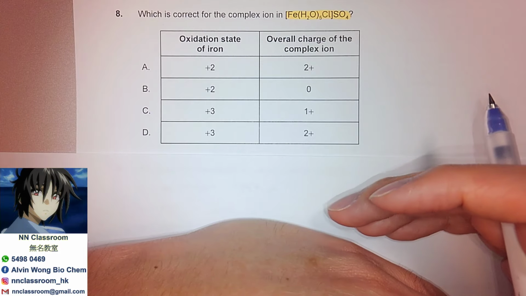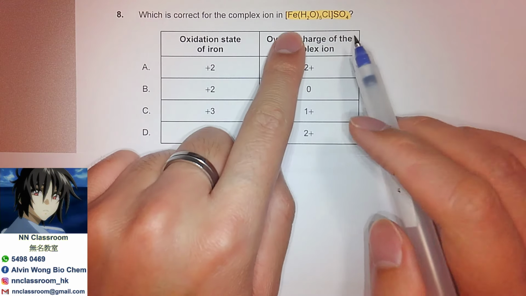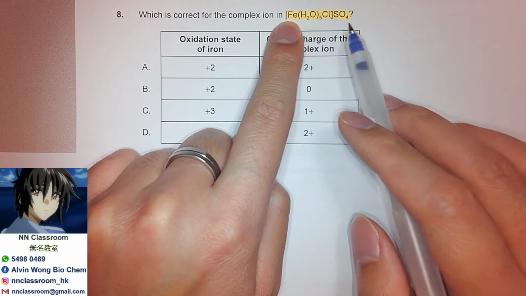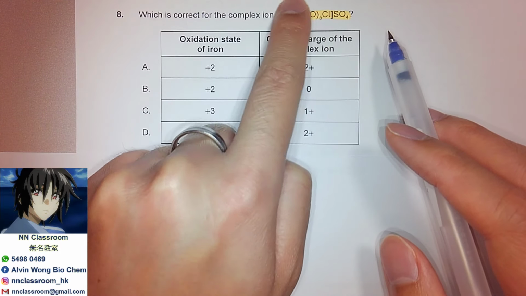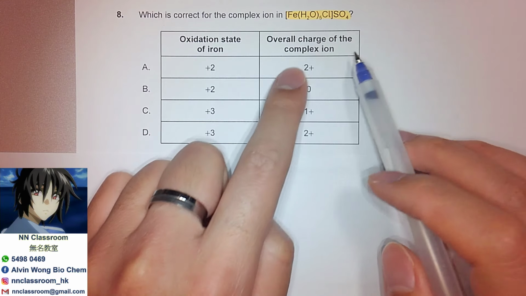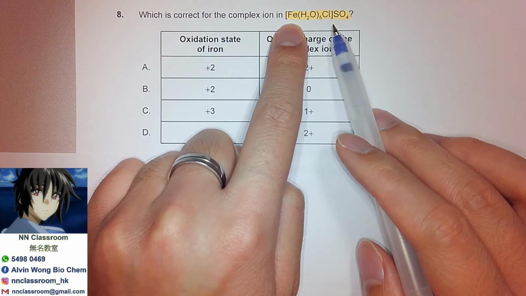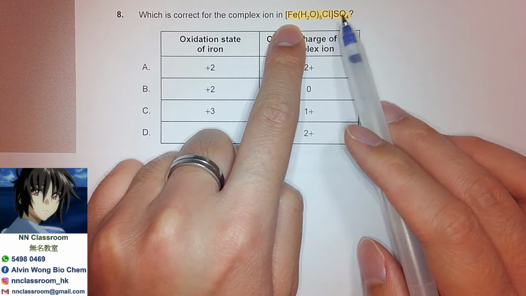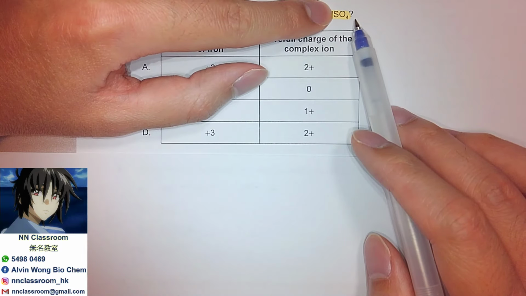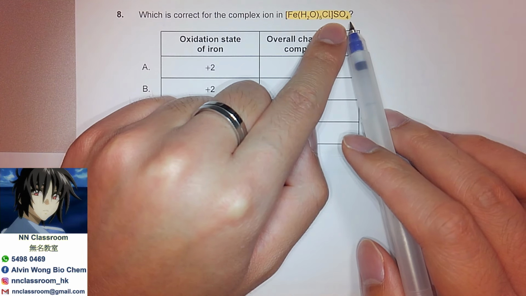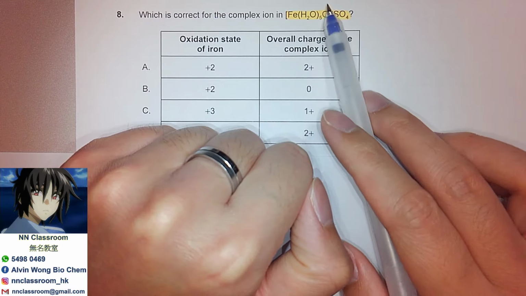So remember, first of all, students must know that only within the square bracket will we locate all our complex components. That means the complex ion can only be located within the square bracket. So in this case, we can first remove the sulfate. Outside the square bracket are just the ions that form an ionic bond with our complex cation.